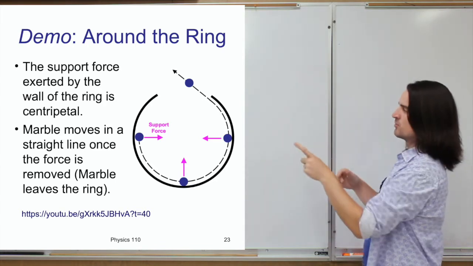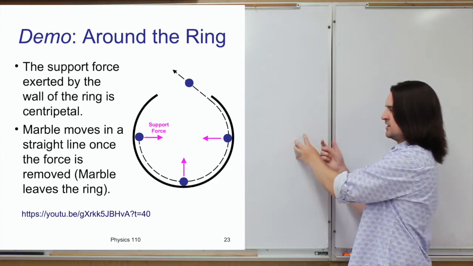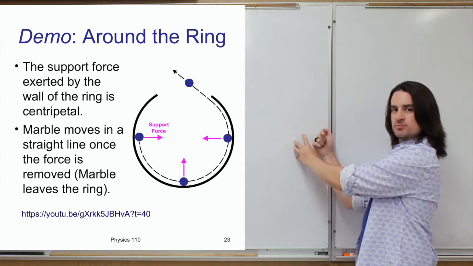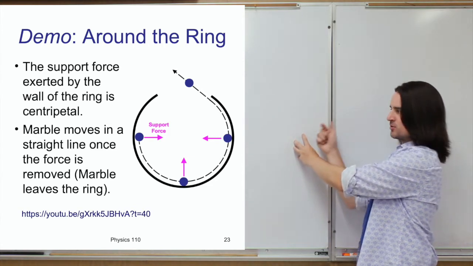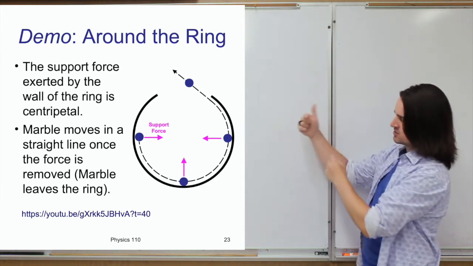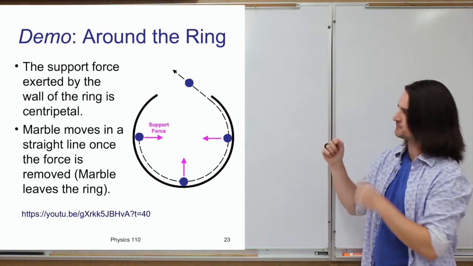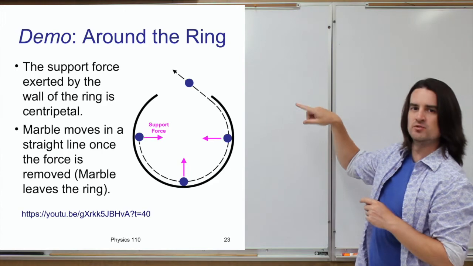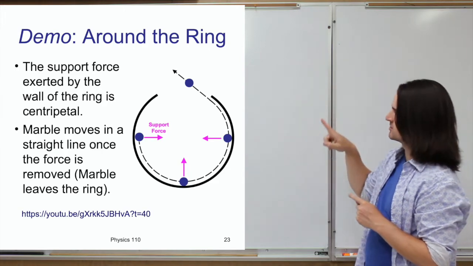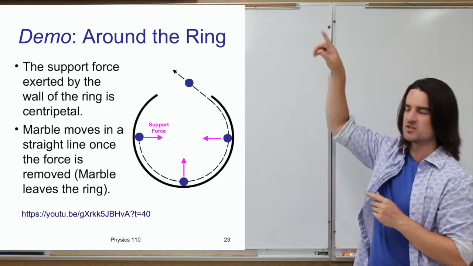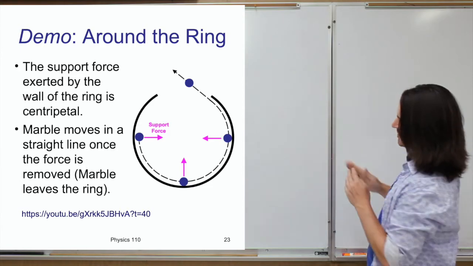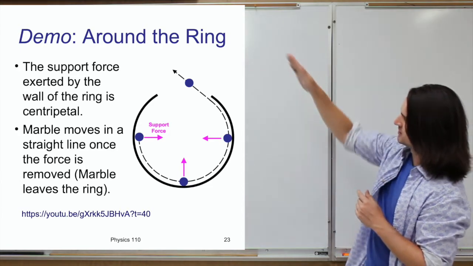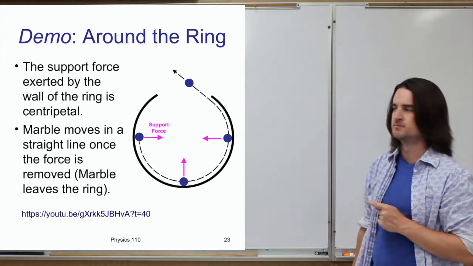So in this case, the marble is going to press against the hoop, but the hoop is going to push a support force back, and that support force is going to be the centripetal force that causes this marble to keep moving in a circle. Except when it hits that open segment, no more centripetal force, the marble's just going to keep going in this tangential path. Like if you were to draw a line that barely touches the circle right there, along this point, that's the direction the marble's going to keep going.